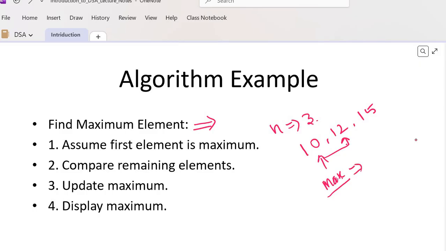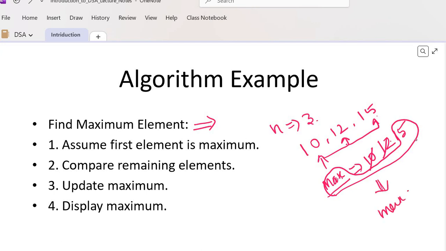Initially the maximum value is 10, and when checking with the second element, 12 is greater than max, so it updates max to 12. Next it compares with 15, and since 15 is greater than 12, it updates the value of max again. Finally, the value stored in max is the maximum of the given numbers. So this can be calculated, and these are all the steps.